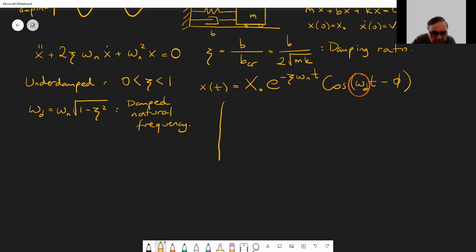Now, if I plot again, let's say this is x of t versus t. If I plot this, what I'm going to get will be something like this.